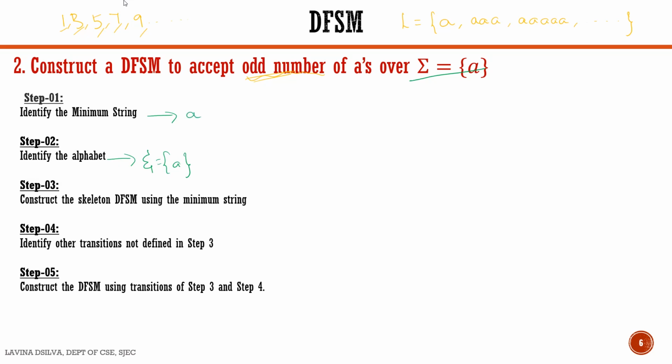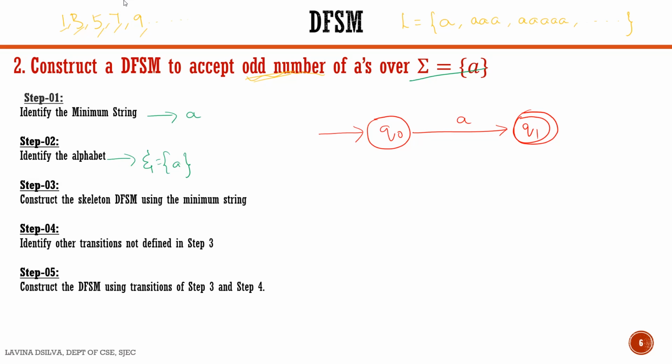Therefore, constructing the skeleton DFSM goes like this. We are in our start state, that is Q0 state, and on the start state we see a single A, and we come to our final state, that is Q1 state. This is a DFSM for our minimum string.